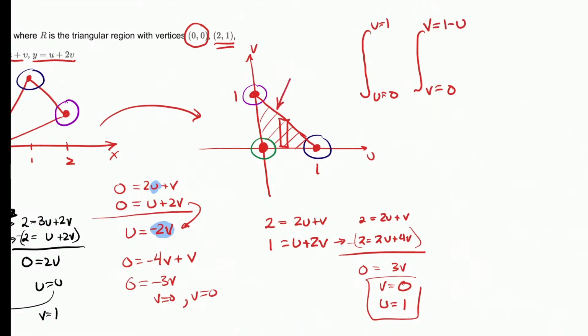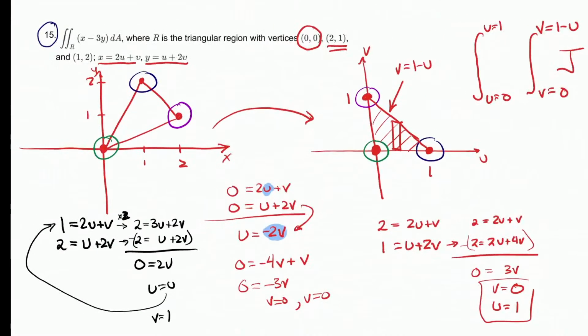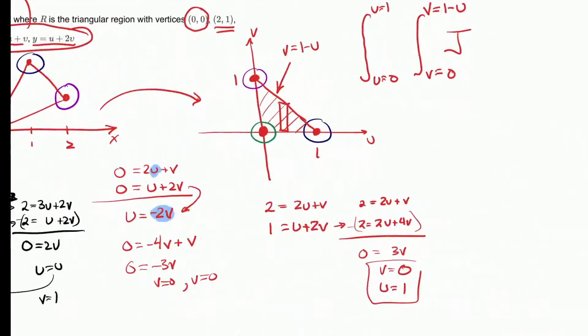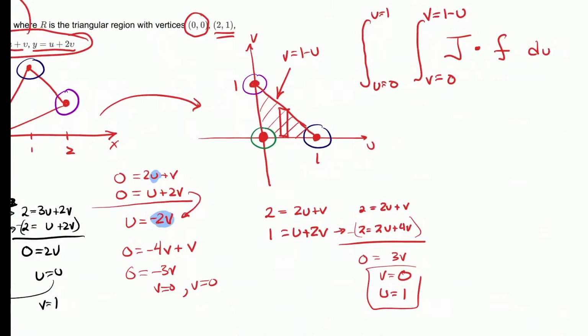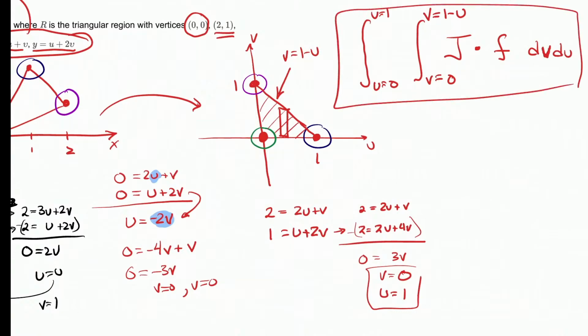That's this line, v equals 1 minus u. And then you're going to have to come up with your Jacobian. You're also going to have to convert the function. So I guess I will say times the function, but you'll have to convert it to u and v. And then dv, du. And you're all set.